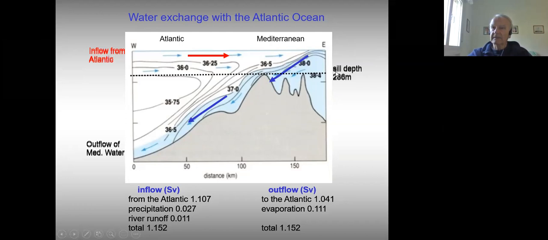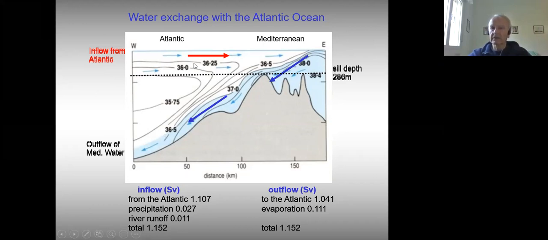And you can see that the Mediterranean at the outlet, at the Gibraltar inlet, has a salinity of 38.4 kilogram per meter cubed, while the Atlantic water has a salinity of 36 or 36.5 kilogram per meter cubed, and this is the two-unit salinity difference between the Atlantic and Mediterranean water.